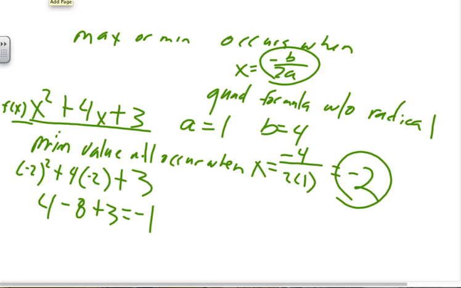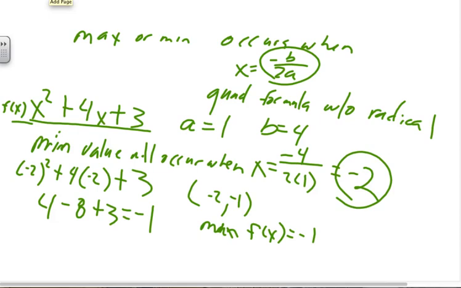So my vertex then is going to be negative 2, negative 1, and my minimum value is going to be negative 1. If you go back and look, you'll see that this jives with what we did before.